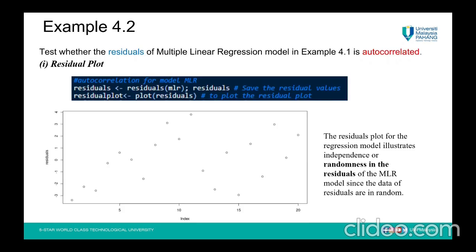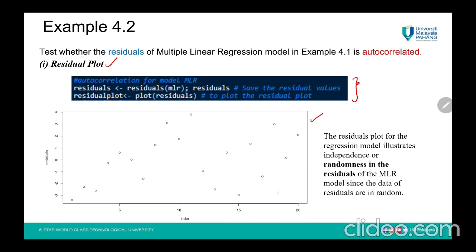Let's look at example 4.2. In this example, we want to test whether the residuals of the multiple linear regression model in example 4.1 are autocorrelated. There are three approaches that can be used here. We go to the first approach, that is the residual plot. By using the R code here, the plot for the residuals of the multiple linear regression model for the data in example 4.1 is presented as shown here.